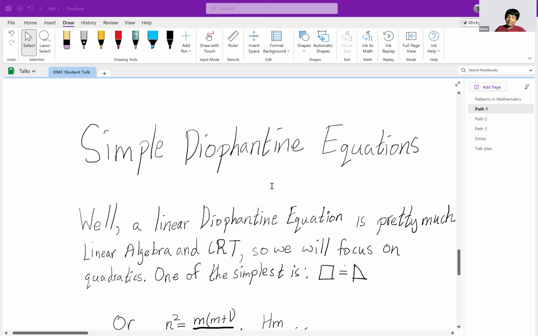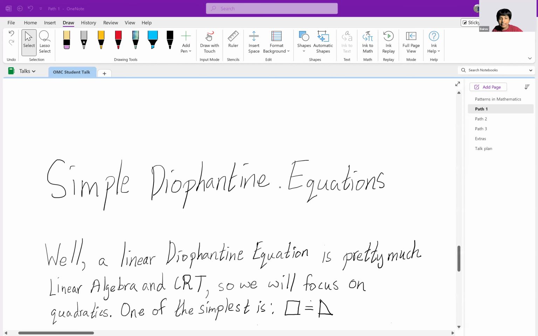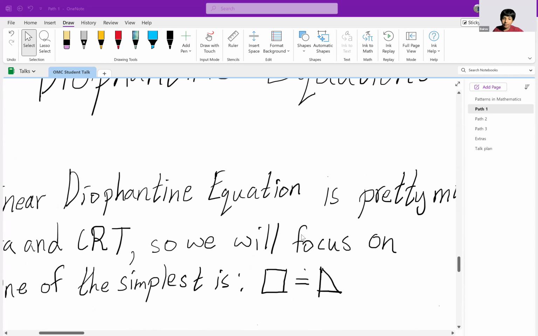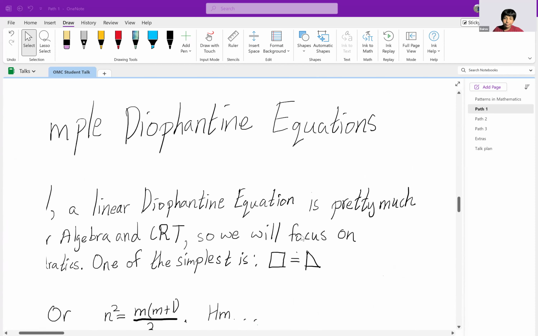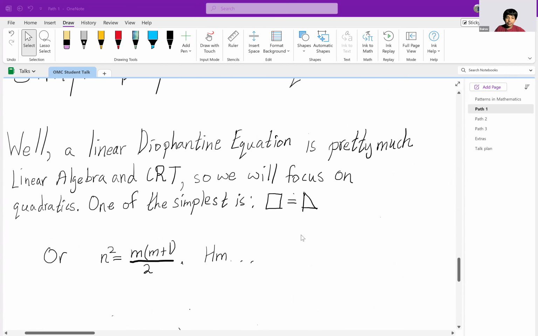So, Diophantine equations. We'll have an interesting Diophantine equation, squares which are triangles, and then we'll see how it's connected to these. Of course, if we simplify it, we get this.